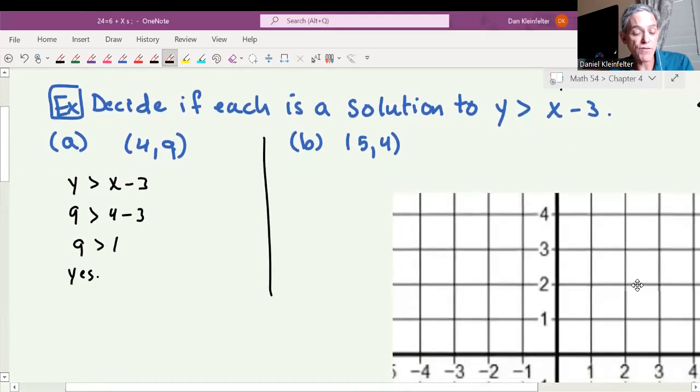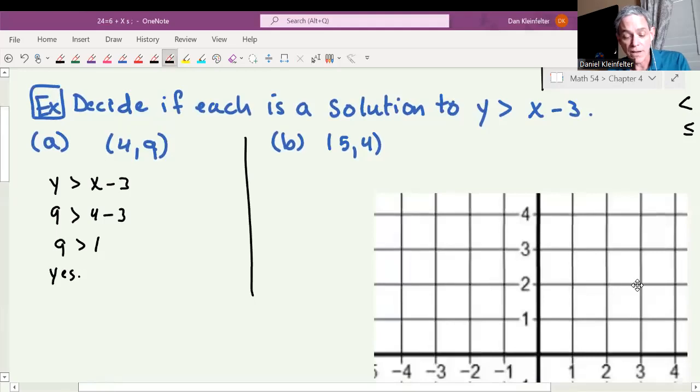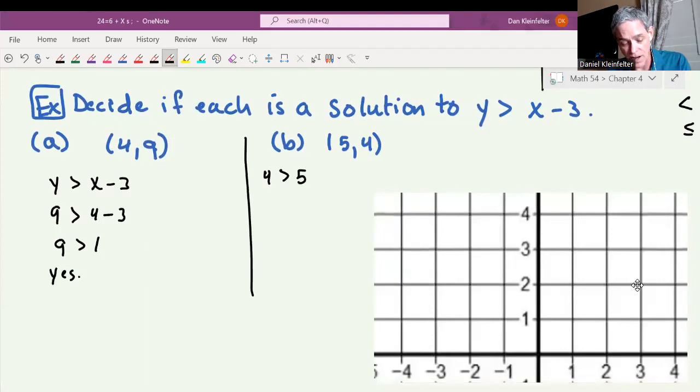So (4, 9) is a solution of this inequality. For (5, 4), we put 4 in for the y, and for x, that will be 5 minus 3. 4 is greater than 2. That looks like yes, so both points are solutions.